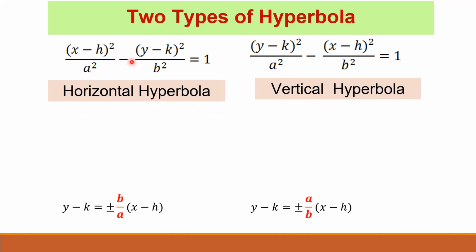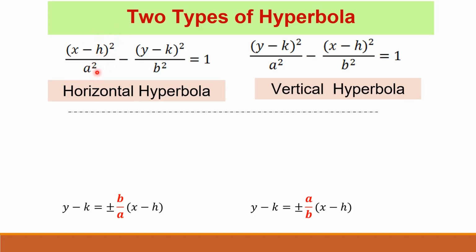Okay? Then in the ellipse, a squared is the bigger denominator. Here in the hyperbola, a squared is the one having a positive fraction or a positive coefficient. So wherever the positive one is, that is where a squared is, whether it's the bigger or smaller denominator.